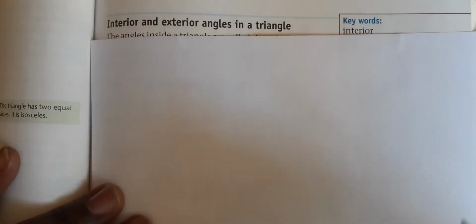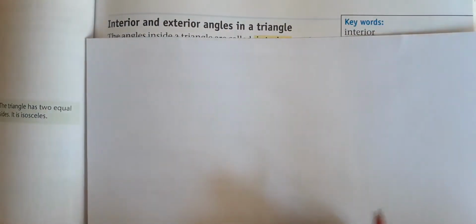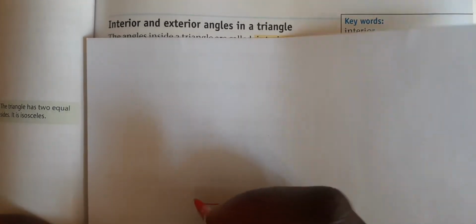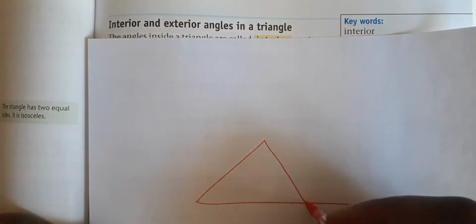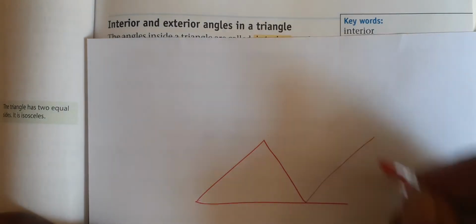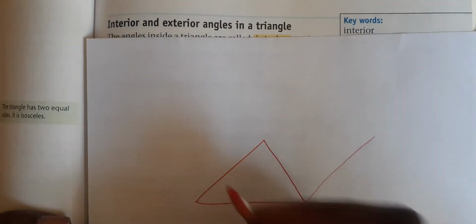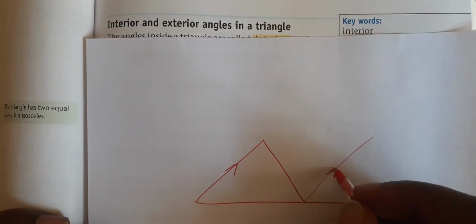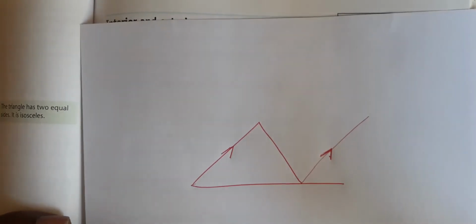Okay. So I want us to look at this. There is this point here that I want us to look at. Then we say this is parallel to this one. So take note.